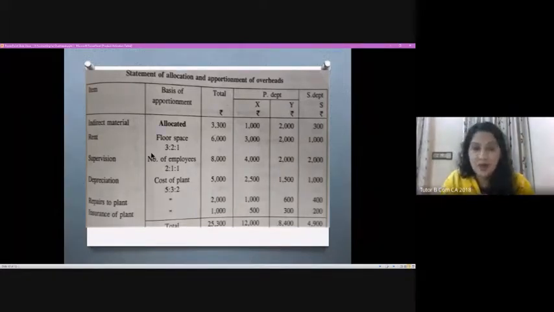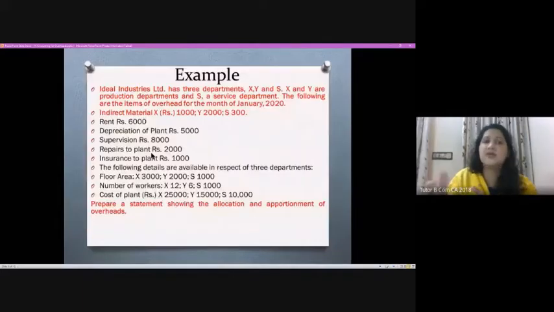So that's it. I conclude that in our overhead allocation stages, we learned the first 3 stages. The first is you identify what the possible expenses are. In this case, it's given in our question. So we identified that these are the possible expenses connected with overhead charges, right? And then we need to classify them.